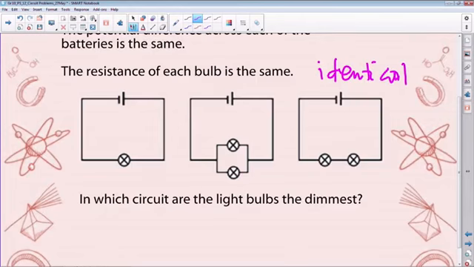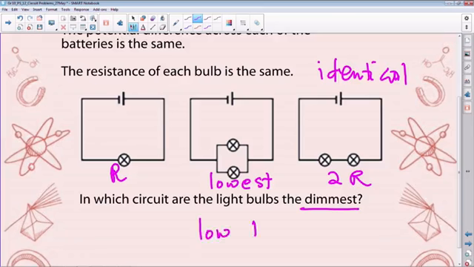Now, if you check, this one is R1. Let's call the resistance R because it's only one resistor there, the light bulb, and this one will be 2R. And this one will have the lowest resistance between the three because it's a parallel combination. The one that is dimmest has the lowest current.